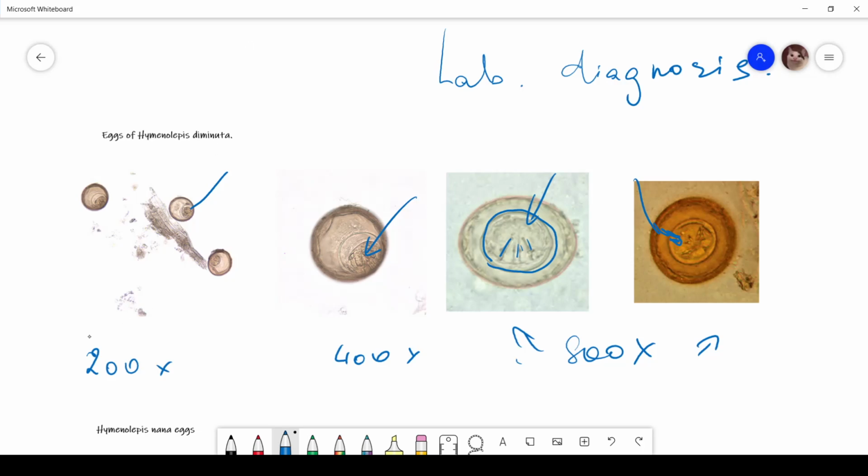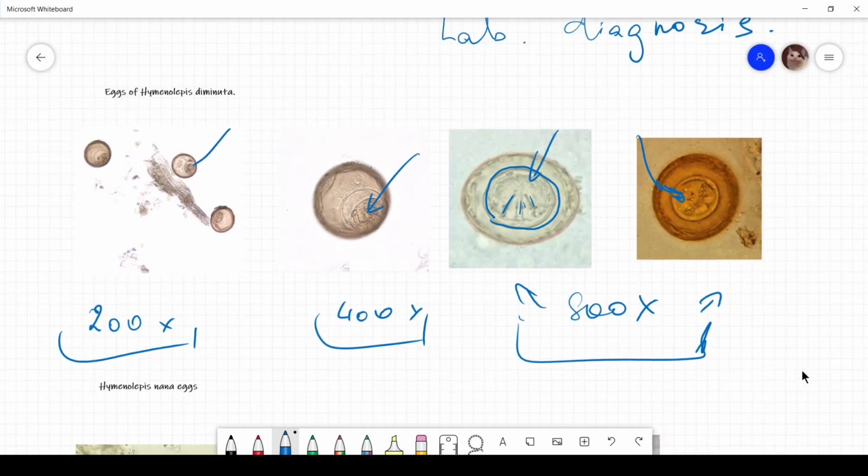And this is a magnification for understanding: 800, 400, and 200x magnification.